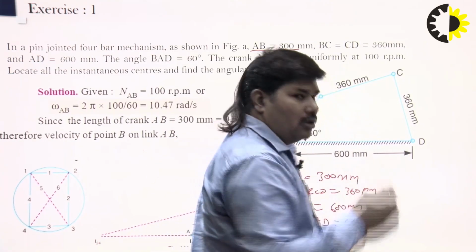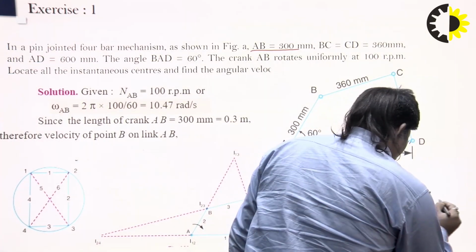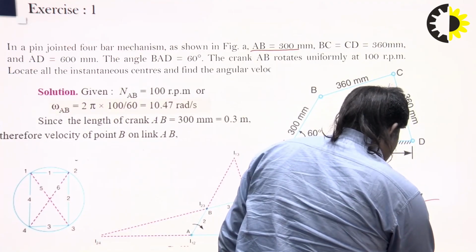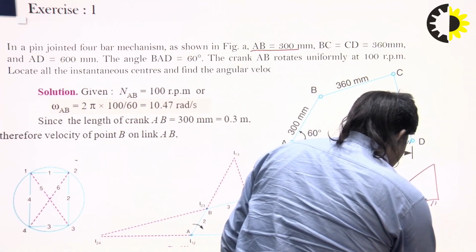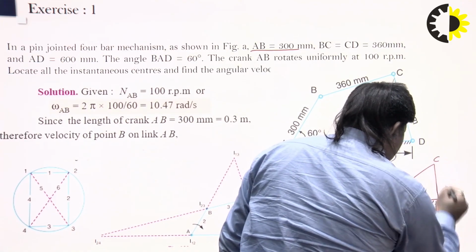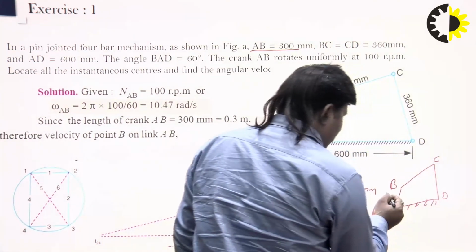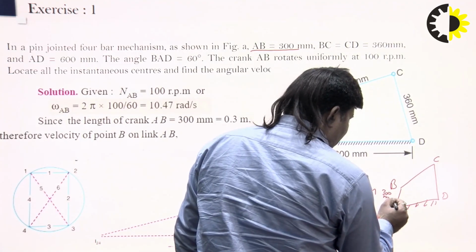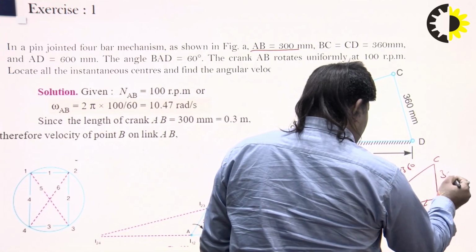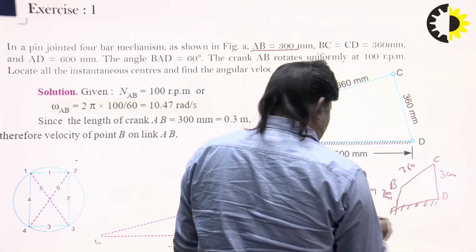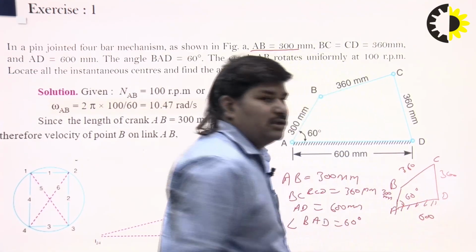If you draw this figure, I can draw the 4-bar link here with points A, B, C and D, where AB is 300 mm, BC and CD are 360 mm, AD equal to 600 mm, and this angle is 60 degrees.